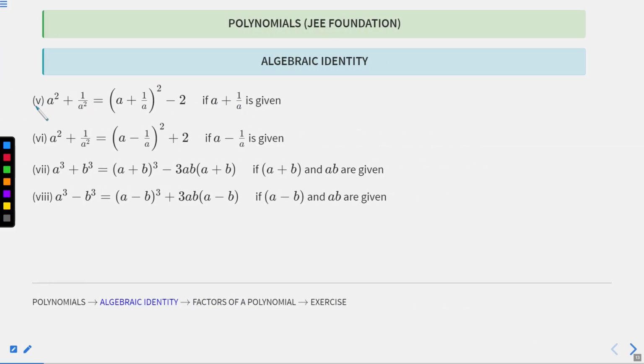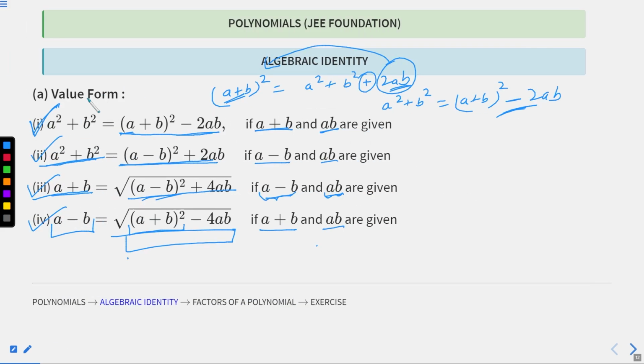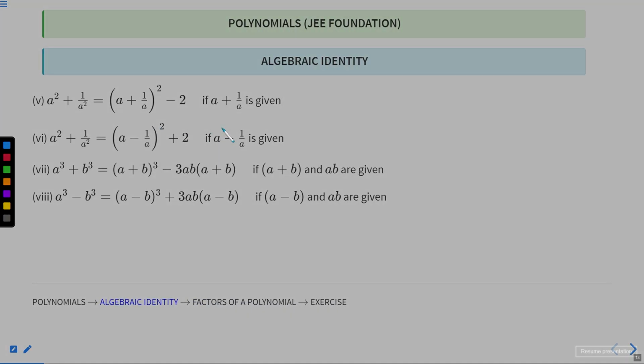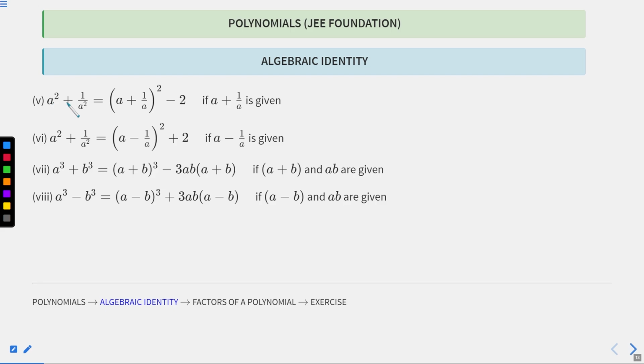Here are some more. As we all know, a² + b² is the sum whole square minus 2ab, which we wrote in the previous slide. So here also, a² + 1/a² is (a + b)² − 2ab.